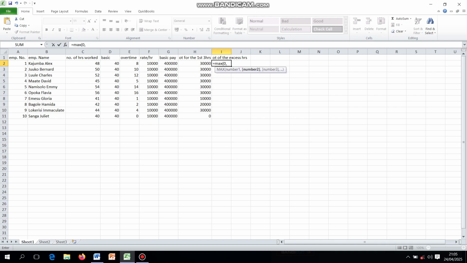I put a comma. Then the second number will be the number of hours worked, which is this. Then I'll subtract the basic or the standard hours, which is 40.